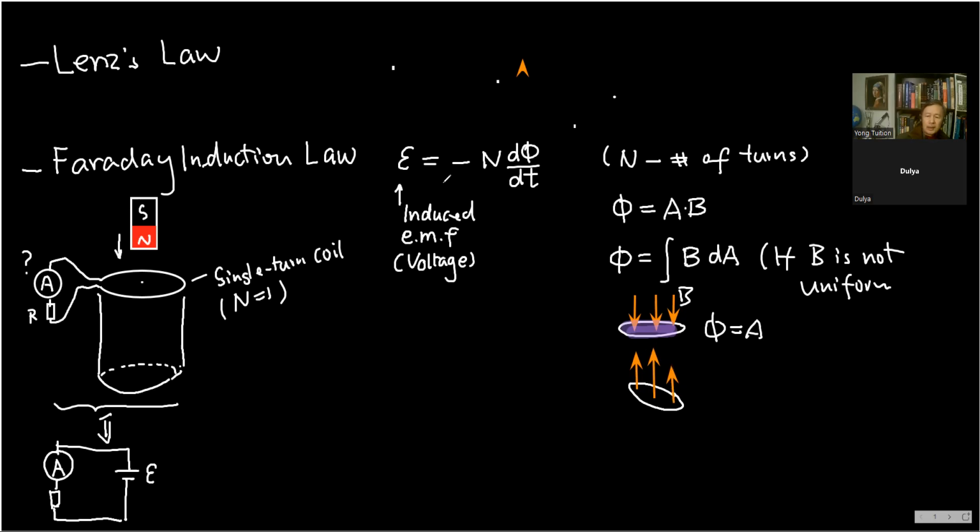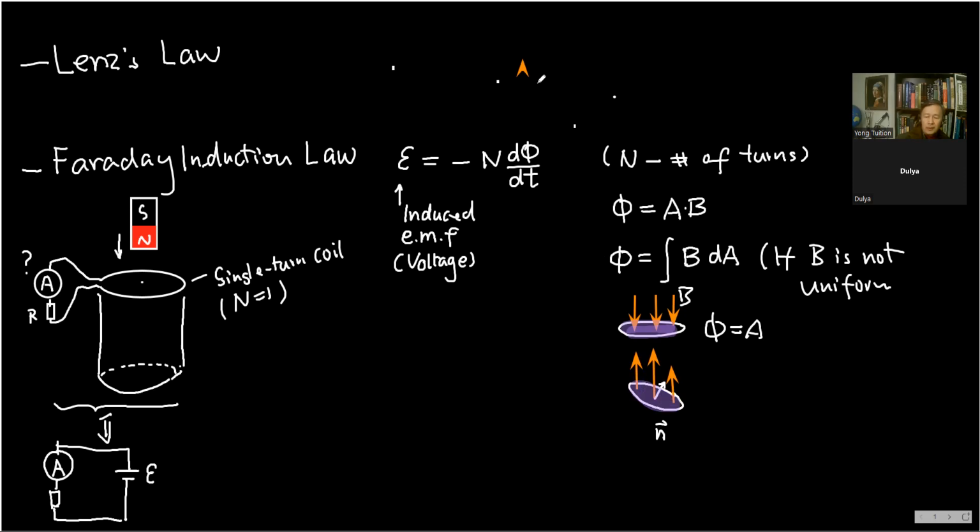When we study vectors in mathematics, we use this n. Do you know what n is? The direction vector, to represent this area. So the value is still this area, but the direction is this small arrow here.